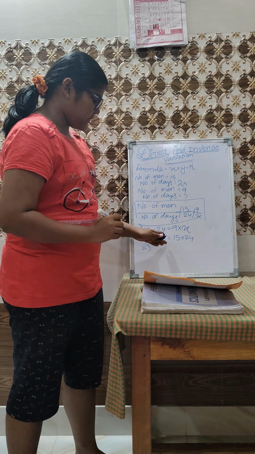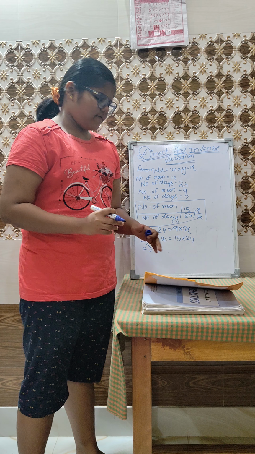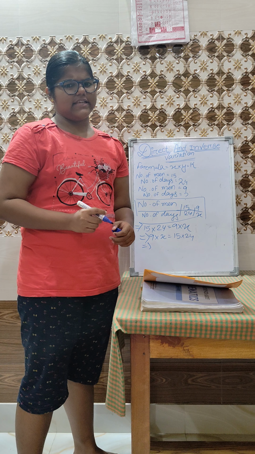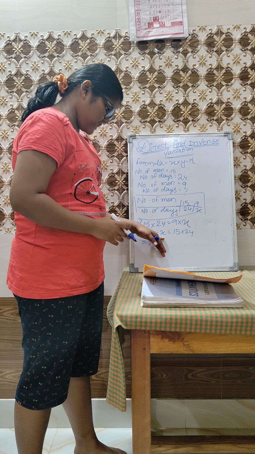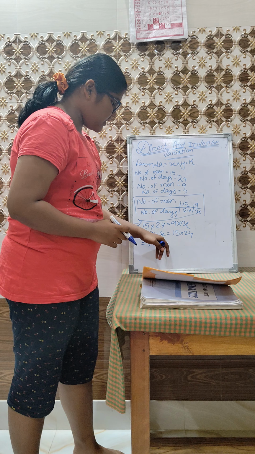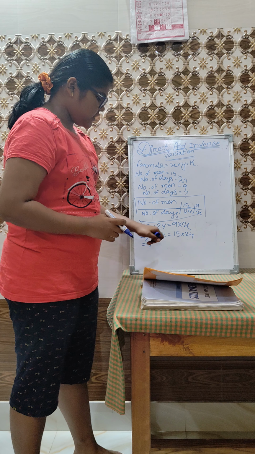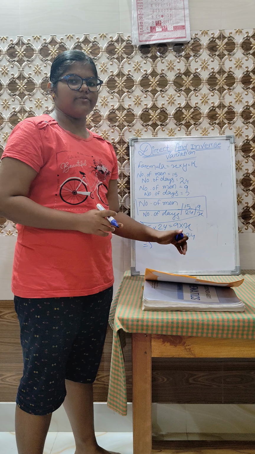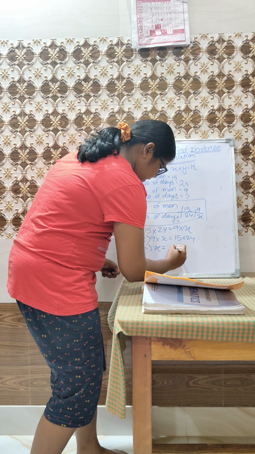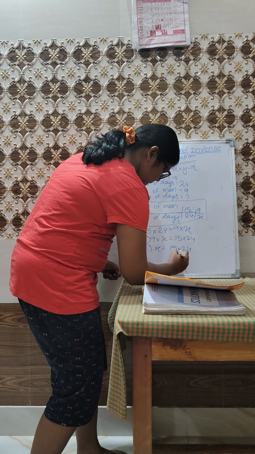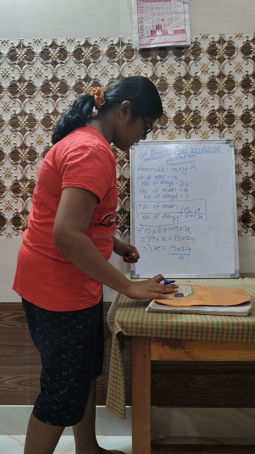Here 9 is multiplied with x, but if we multiply it we will get 9x, which is of no use. So we will keep x here and we will transport this 9 to the other side. Here it is multiplied, so there it will be divided. So x equal to 15 into 24 by 9.